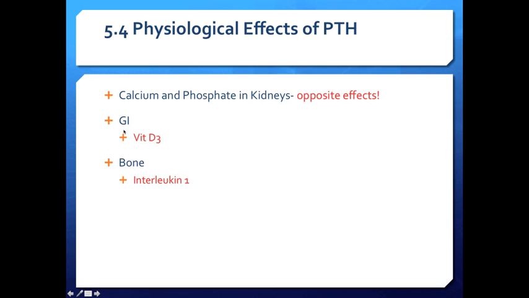PTH will also facilitate the reabsorption of calcium in the digestive tract as long as vitamin D3 is present. Also, it mobilizes calcium from bone. Remember, bone is the primary storage for calcium. PTH affects that by the presence of another mediator called interleukin 1.